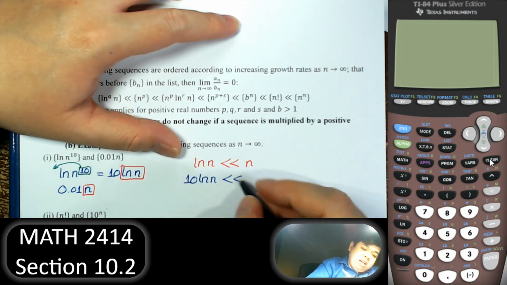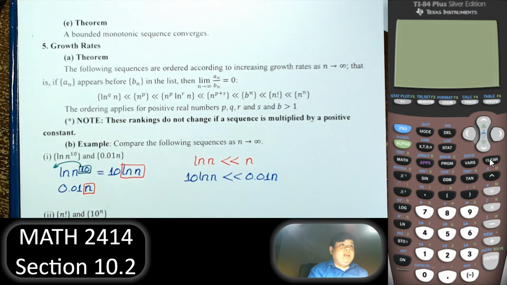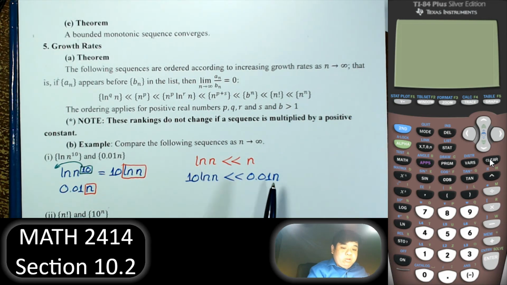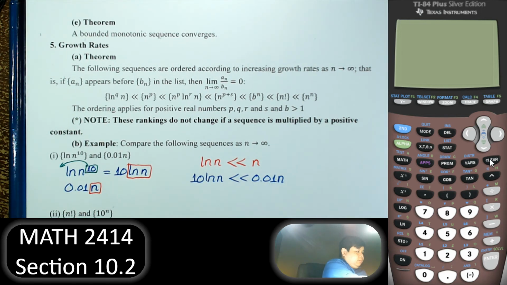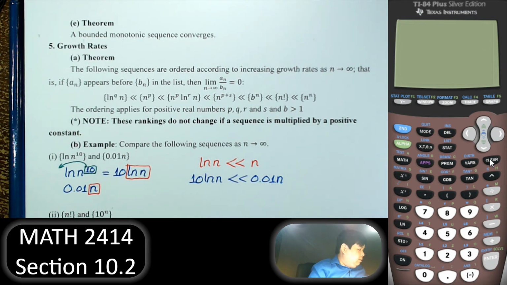So multiply by 10 here and multiply by 0.01 there, it's still the same. So in that case, we say this one goes faster to infinity. So we compare the rates. That's what we have.